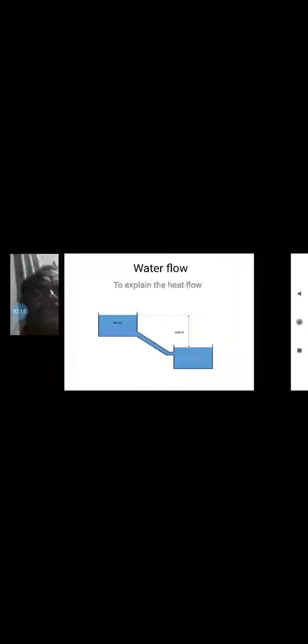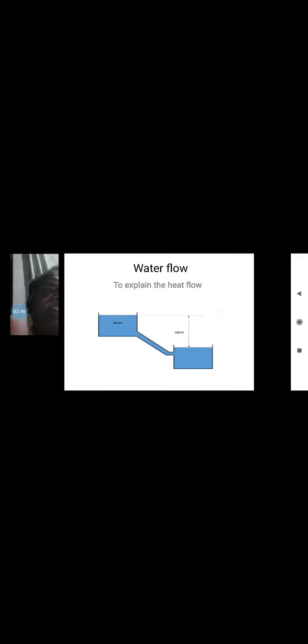See, I am using these two tanks to explain the flow of water from higher pressure to lower pressure. We know very well that liquid flows from high pressure to lower pressure. That means the liquid flows from tank 1, which is at a higher level, to the lower level. The amount of water flowing through the pipe and the amount of water collected in the bottom tank depends upon the pressure difference between the two tanks.